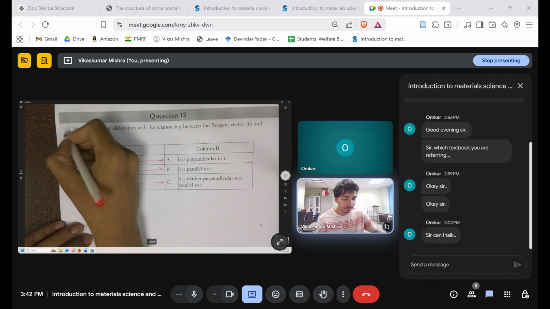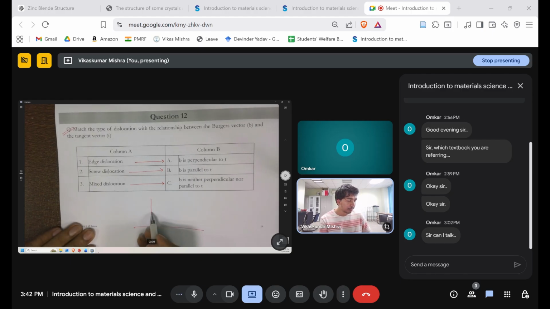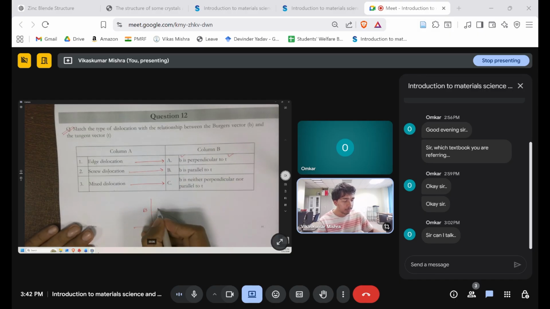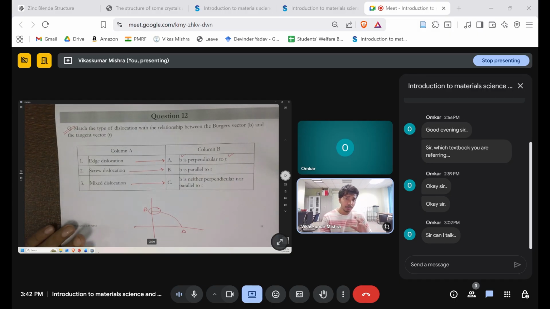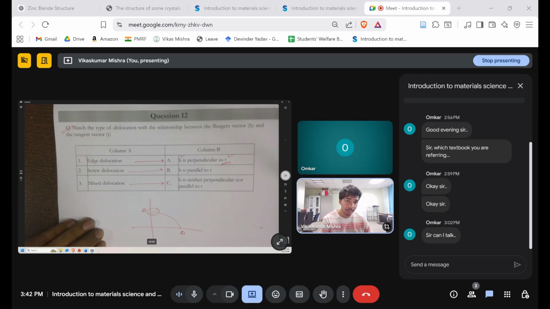Great. In the week 5 assignment, the last question, you can see it is something like this. A and B points are given, and they are trying to tell us the relation between B and T at the particular point P. All you have to remember while solving that question is that the tangent vector is along the dislocation line, and it can change depending upon the dislocation.